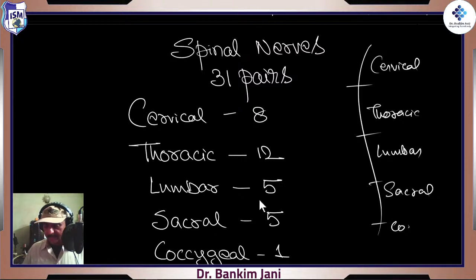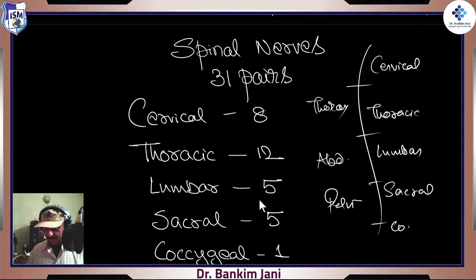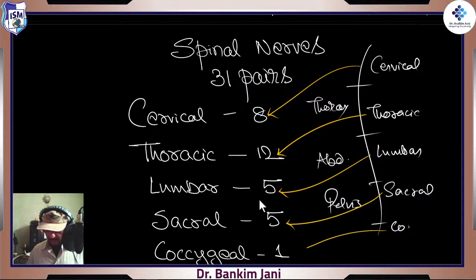Here the thorax is associated, and here is the abdomen, and here is the pelvis. So nerves: from cervical there are 8 nerves, then thoracic 12, lumbar 5, sacral 5, and coccygeal 1, total coming to 31 on each side, that is 31 pairs. Right? Okay.